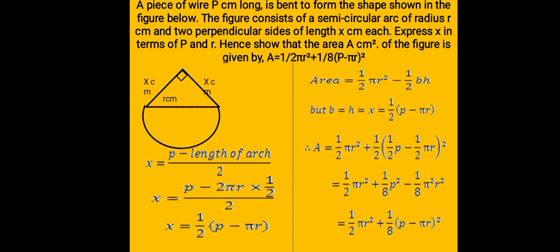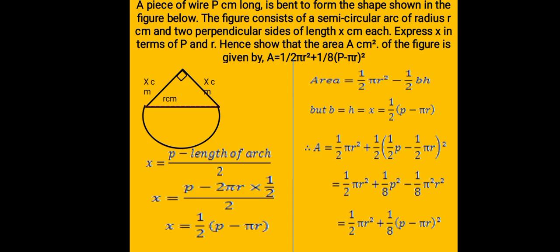So simplifying, knowing that h is equal to x, or the radius, we have half is equal to half into p minus pi r.